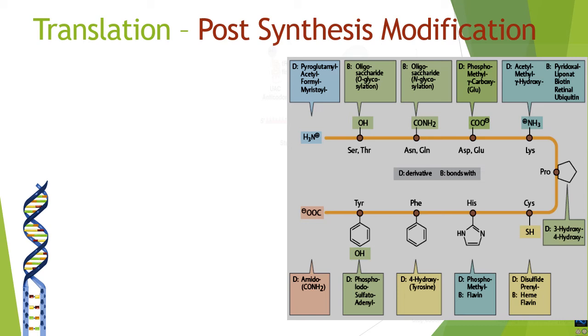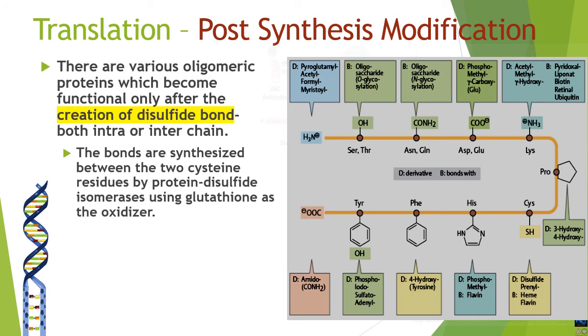Another important post-synthetic modification, specifically for oligomeric or sometimes multimeric proteins, is the creation of a bond between two cysteine residues. This specialized bond is called the disulfide bond.